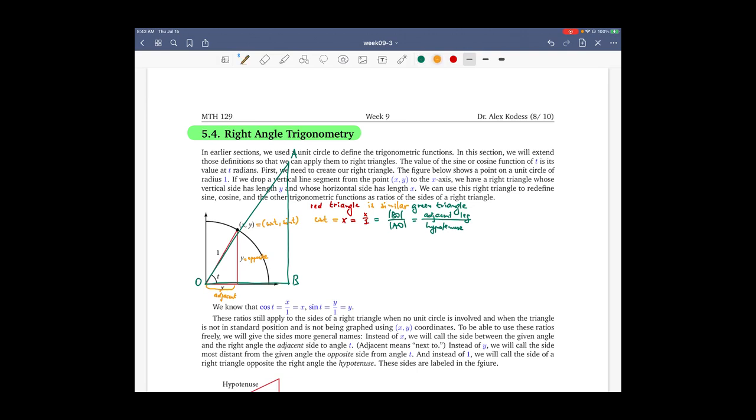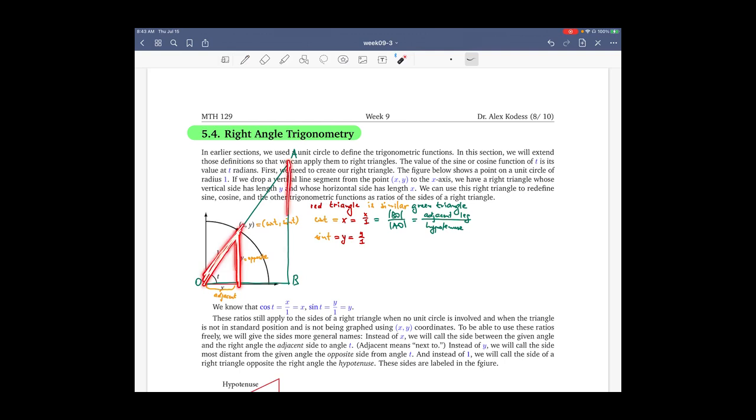And the same thing goes for sine. Sine is on the one hand y, and if I write it trivially as y over 1, I understand that y over 1 is this side divided by this side.